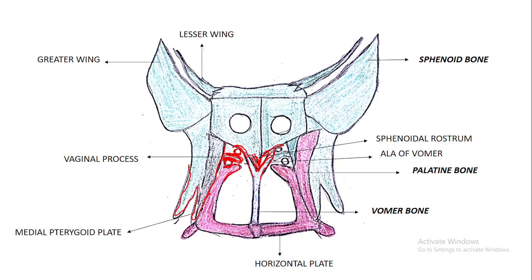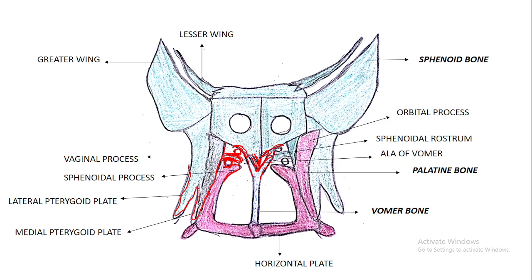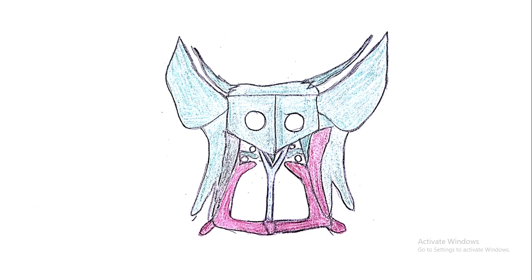So this is the medial pterygoid plate, the lateral pterygoid plate. This is the sphenoidal process of palatine bone and the orbital process of palatine bone, and the vaginal process of sphenoidal bone. This canal is the vomerovaginal canal, and this canal is the palatovaginal canal.